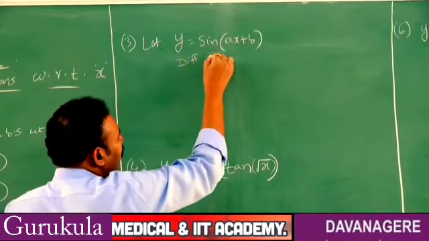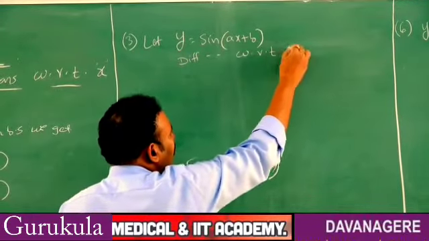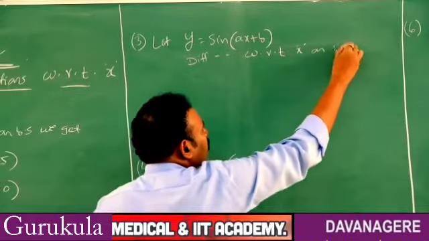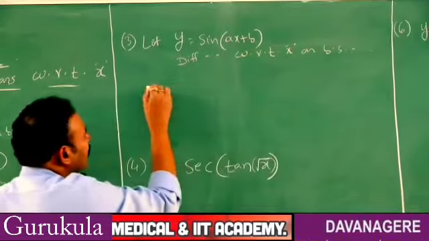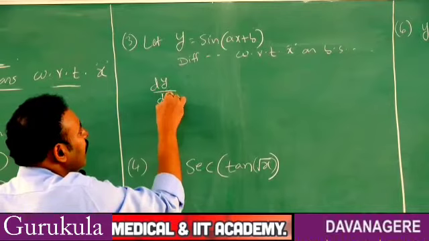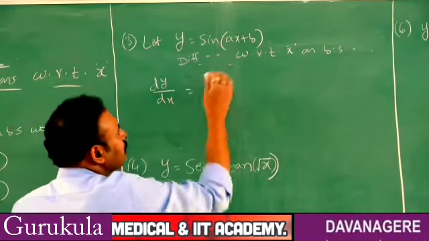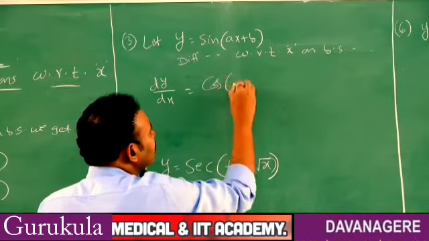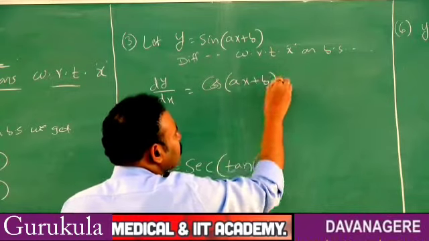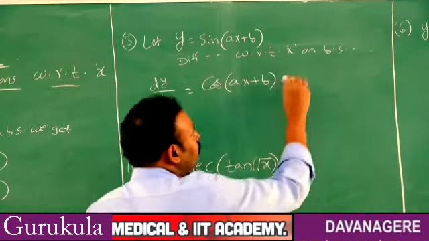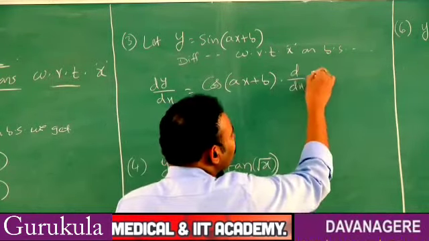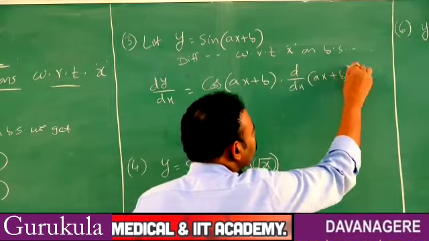Next, coming to sin of (ax plus b). Same, you can write: differentiate with respect to x on both the sides. We get dy by dx is equal to sin x derivative is cos x, students, into d by dx of (ax plus b).